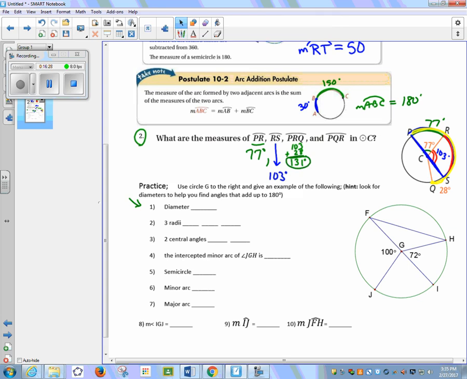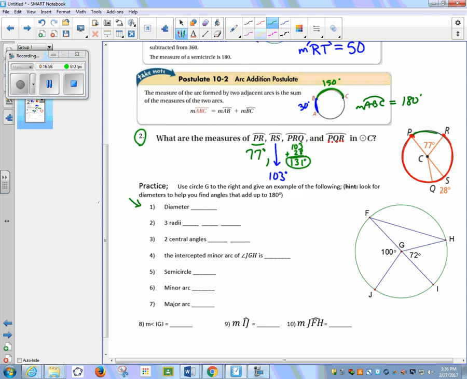All right, and then PQR. Let me erase this piece here. PQR goes from P, and don't forget, the letters give us directions. It starts at P, goes through Q, it's three letters, right? So we're going to go the long way and end at R. That's pretty much everything except the 77-degree arc, right?